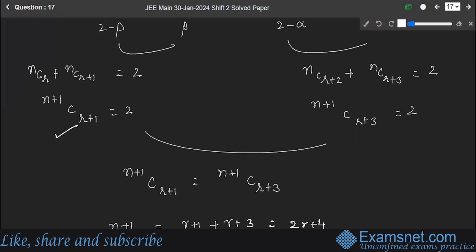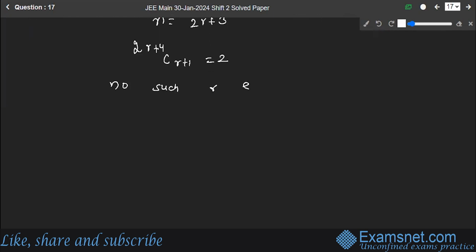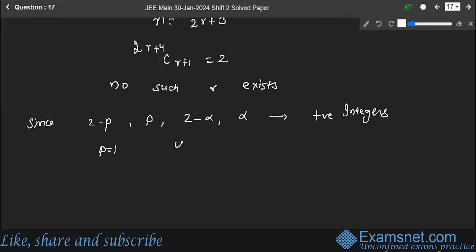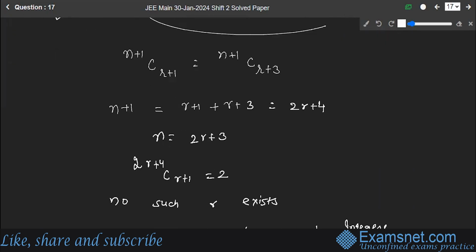If I'm using this equation, n+1 Cr+1 is equal to 2. Now, no such r exists. Now, since 2 minus p, 2 minus alpha, alpha are all positive integers, therefore p is equal to 1, alpha is equal to 1. Now, what you had to find out was p square minus alpha square.